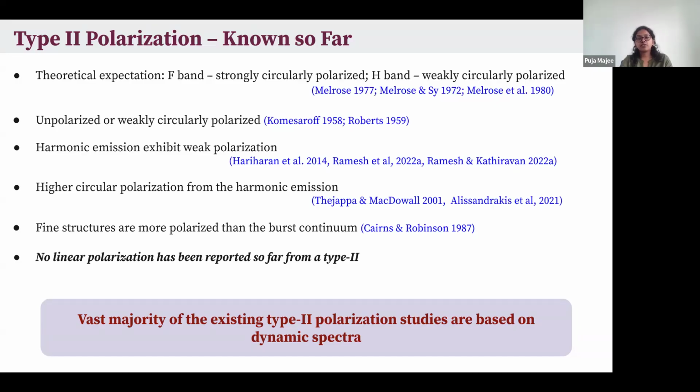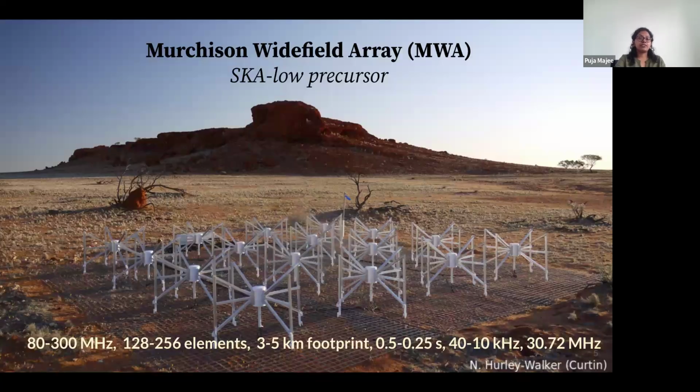For that, we have used the Murchison Widefield Array, MWA, which is a SKA-low precursor located in Australia. As you can see here, this is how one tile of the MWA looks like. These are 16 dipoles located in a 4 cross 4 grid, and the observing frequency is 80 to 300 megahertz.